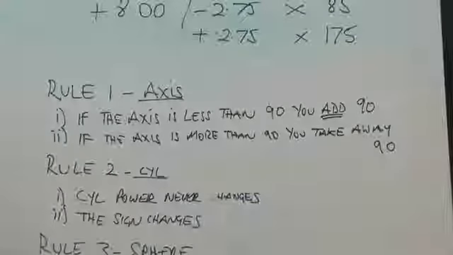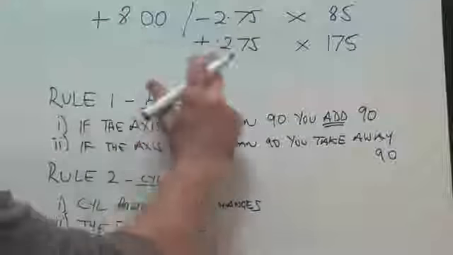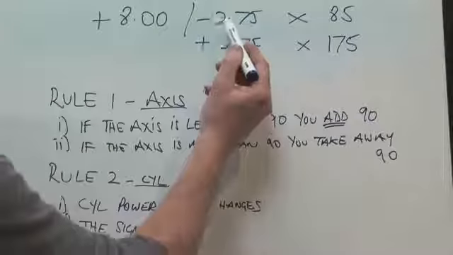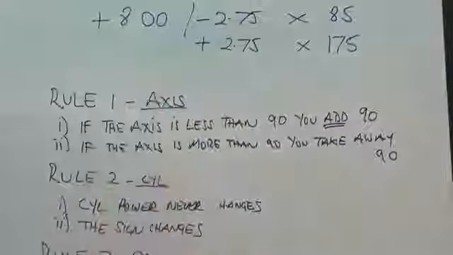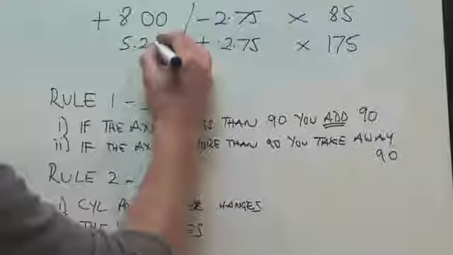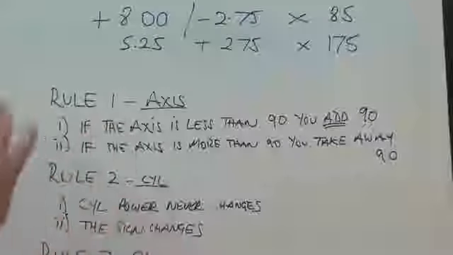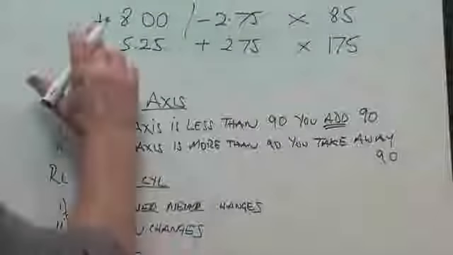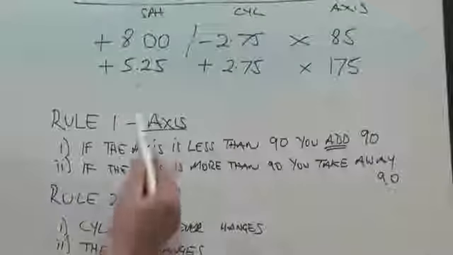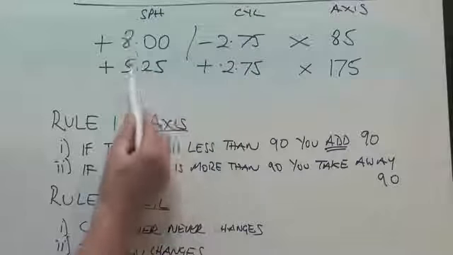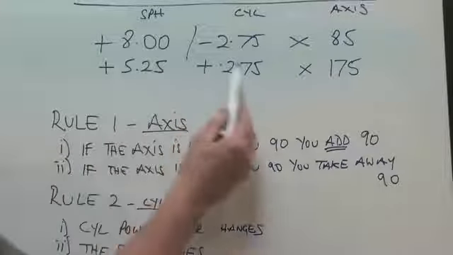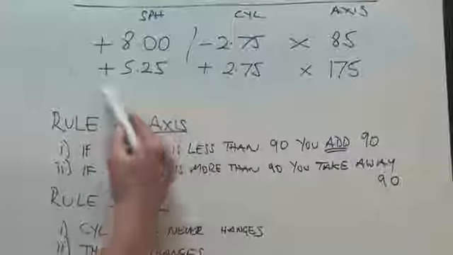Now we have a plus 8 and a minus 2.75, so we take the lower number from the bigger number, which gives us 5.25. The sign corresponds to the sign of the bigger number, so that becomes a plus. Can you see that 5.25 plus 2.75 equals 8? So you can always double check that you've got the right maths.